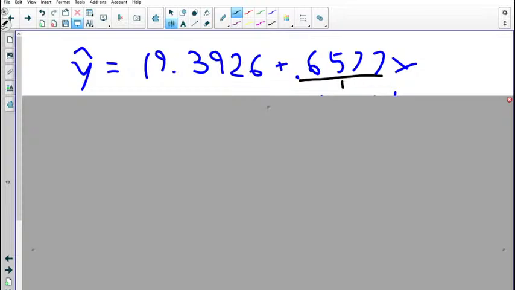Well, up 0.6577 tells me that's how far we're moving up. So that is my change in y. That is how much y is changing. And then x is changing by 1. So another way to say that the slope is the amount that y increases for each unit change in x.